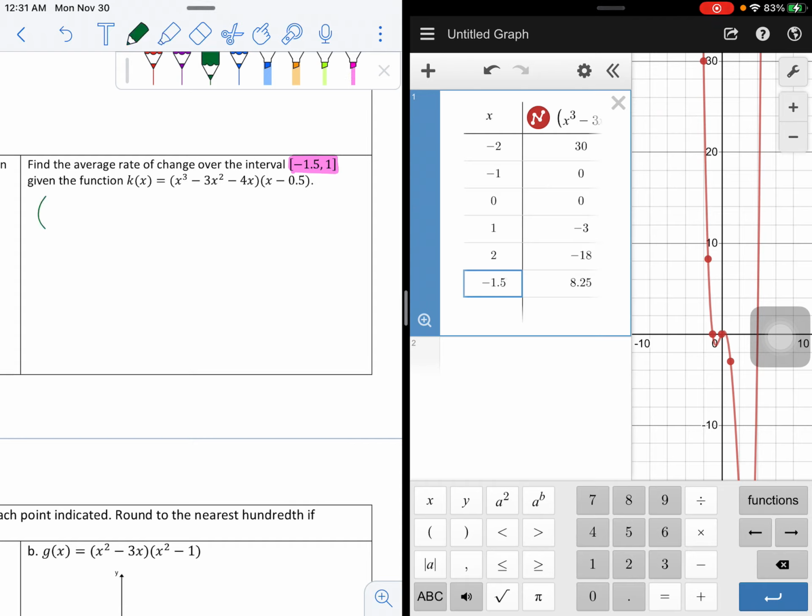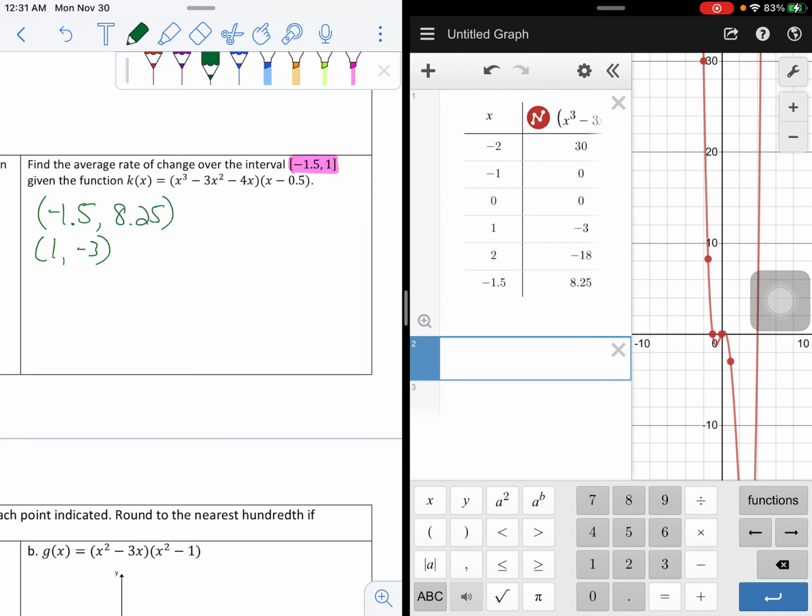So let's go ahead and mark these. So negative 1.5 along with 8.25. And 1 goes with negative 3. All right. So if we set this up, I'm going to do negative 3 minus 8.25 over 1 minus negative 1.5.